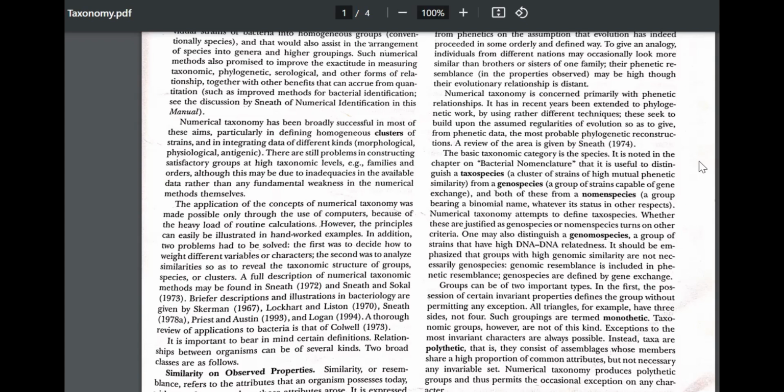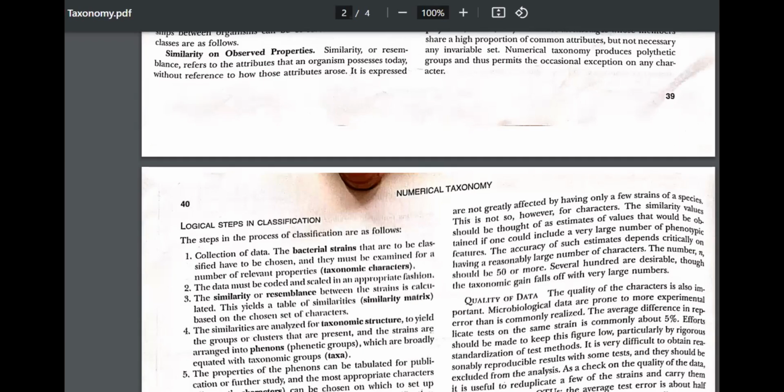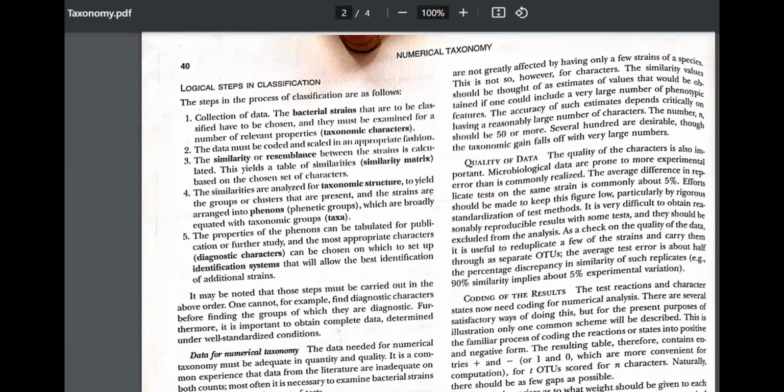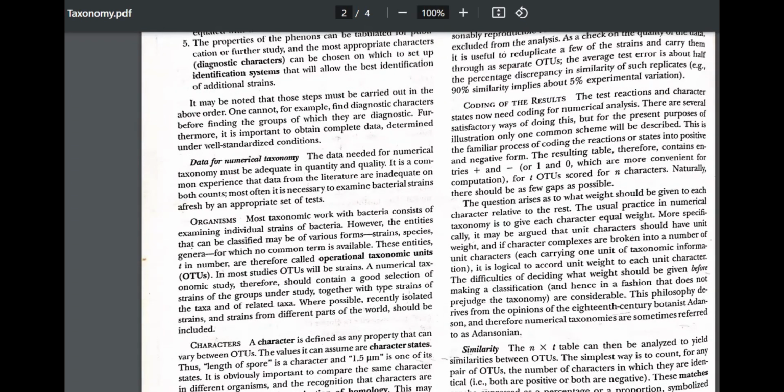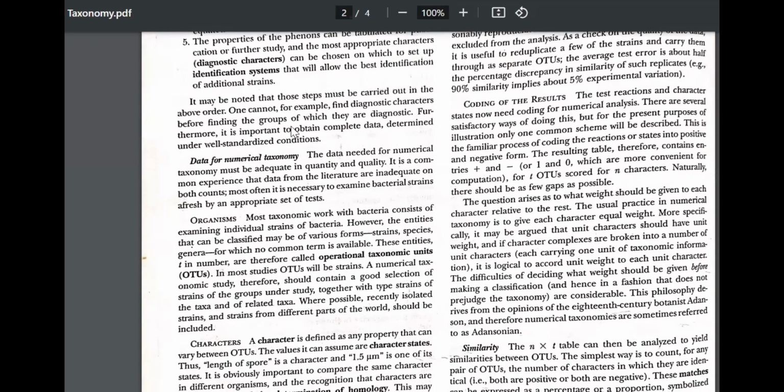But here are certain terms which are new to you, and we'll be talking about all these terminologies: genospecies, nomen species, genomospecies, taxospecies, phenetic characters, and so on. I'm just trying to connect you with whatever we have seen in the book so that you can correlate it during the discussion. So, how is the data collected for numerical taxonomy?